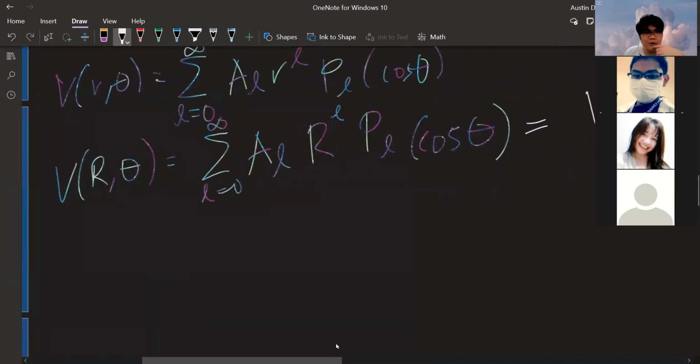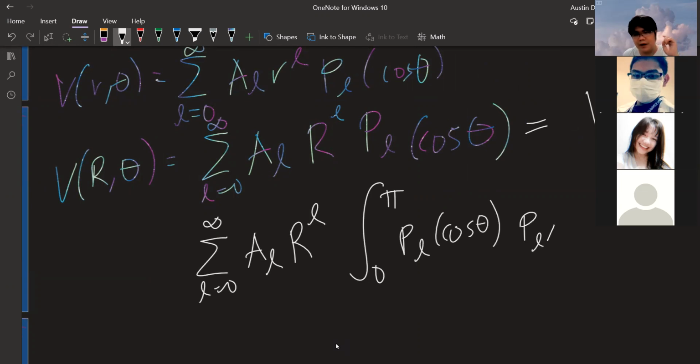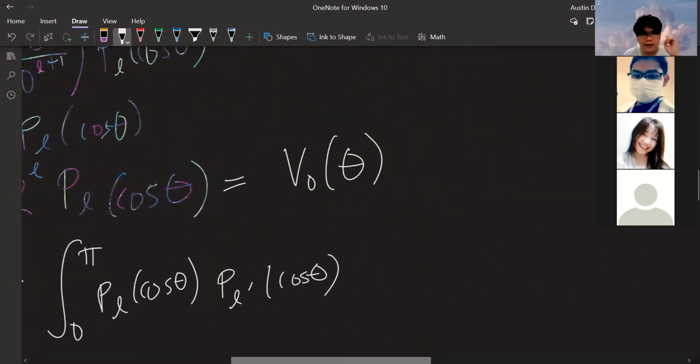Okay? So we have this sum of A L R to the L. Then I'll integrate from 0 to pi P L cos theta, then multiply P L prime cos theta, and then sine theta d theta.